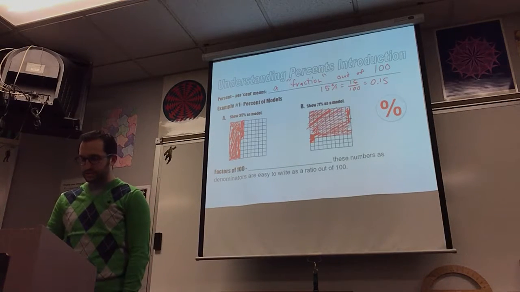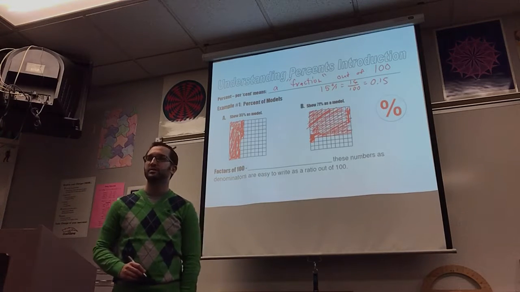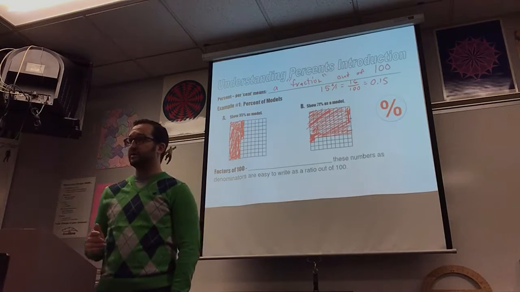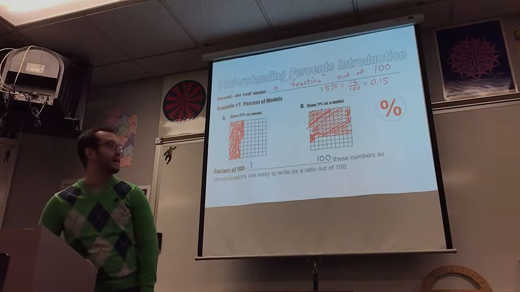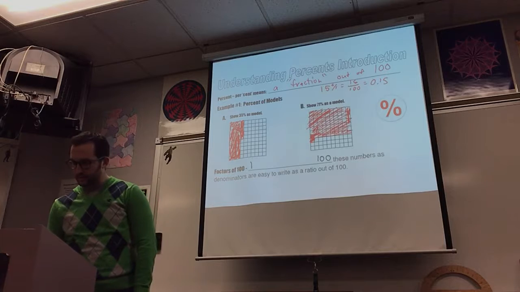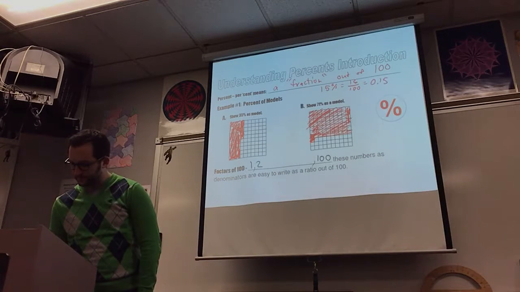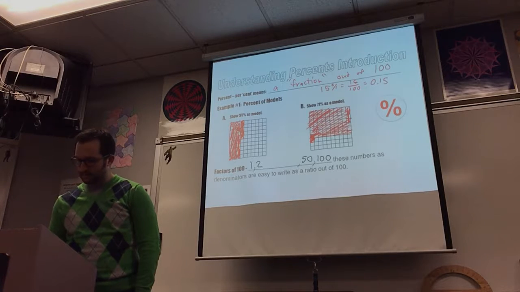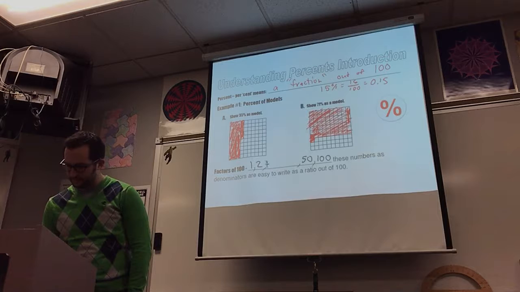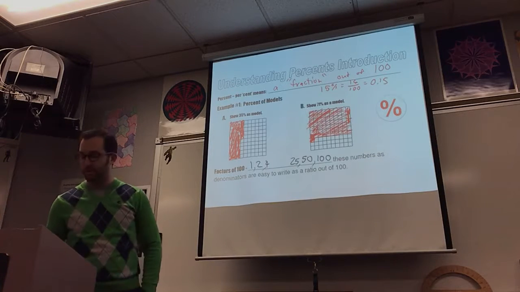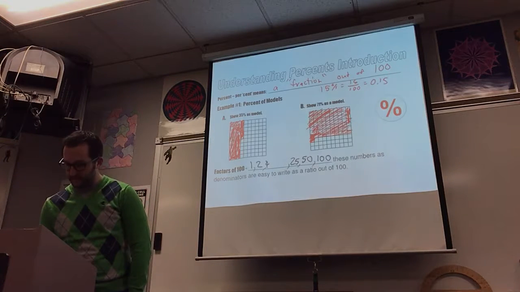So give me the first and easiest factor pair for 100. What is it? 1 and 100. That's the easiest factor pair. Give me another one. 2 and 50. What's another one? 4 and 25, good. I'm going to run out of room, I better start writing smaller. 5 and 20.